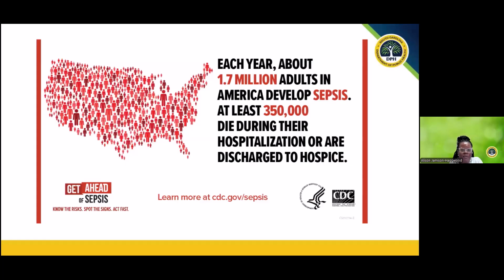So this infographic here is from the CDC, from their initiative, Get Ahead of Sepsis. As you can see here, each year, about 1.7 million adults in America develop sepsis. At least 350,000 of those die during their hospitalization or their discharge to hospice.